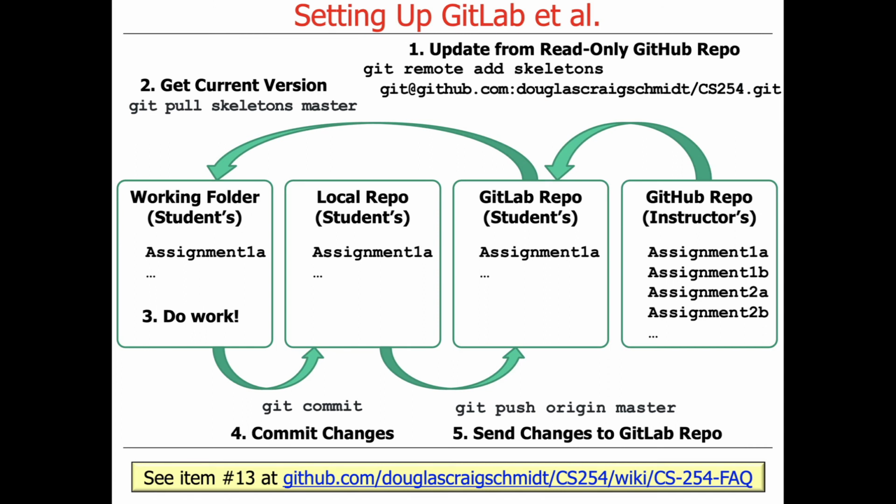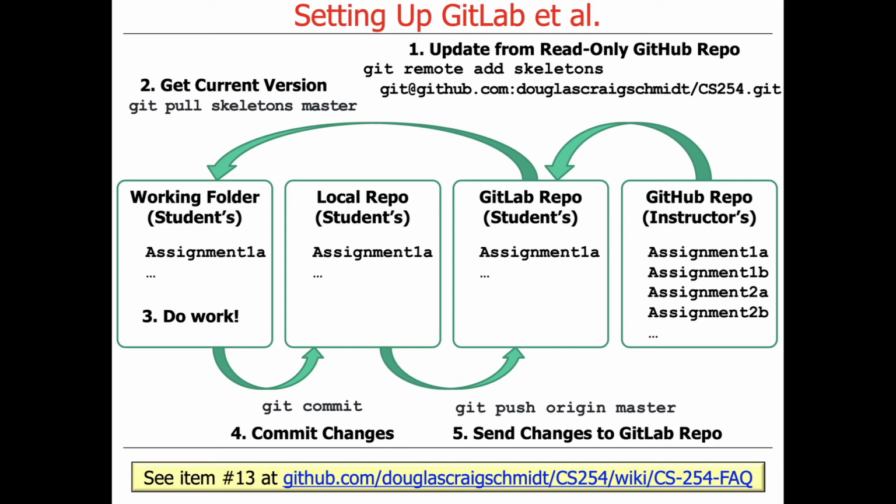And once you're in your working folder, you're going to follow these steps, and this is described here at this link. You're going to say git remote add skeletons. I think you can call it whatever you want, but just call it skeletons because you're getting skeletons. And then you go to my GitLab repo. What that's going to do is make a connection in your GitLab repo to my GitLab repo, and then you're going to go ahead and pull the skeletons from that repo.